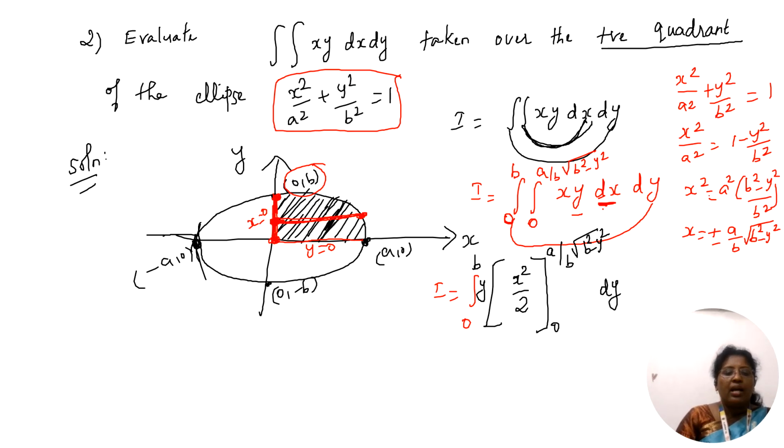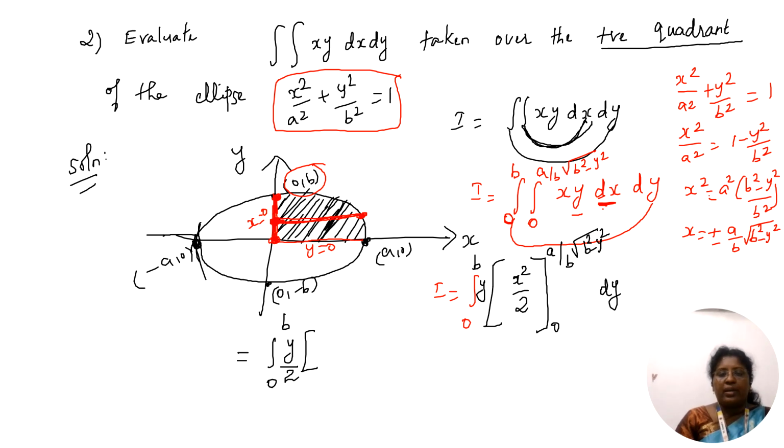Now we will apply the limit, which is equal to integral 0 to b y into, here 1 by 2 is constant, take it out. We replace x by the upper limit, a by b into root of b square minus y square.